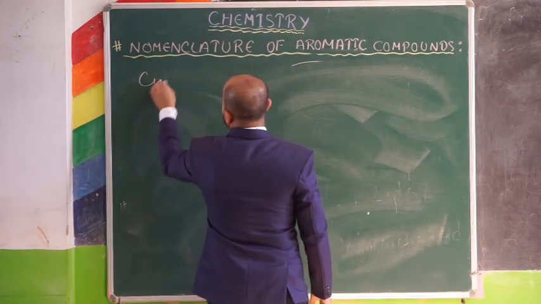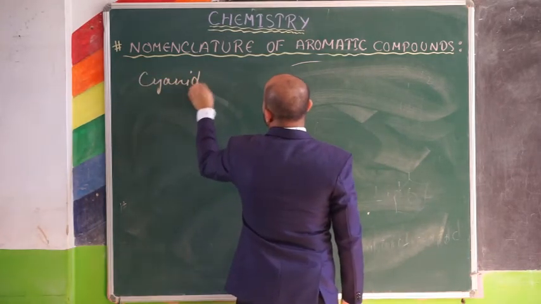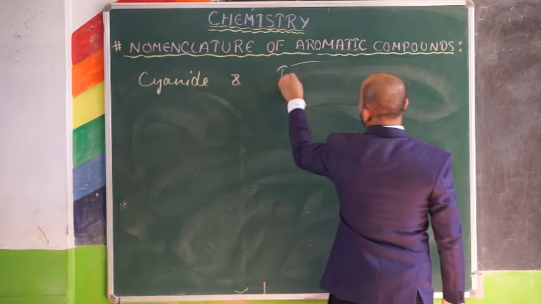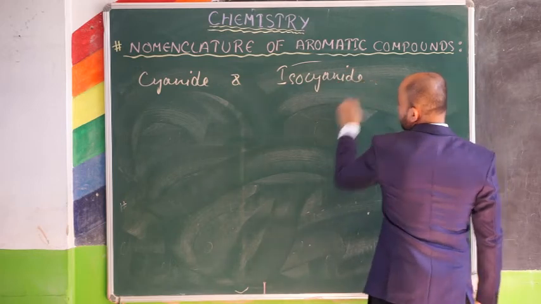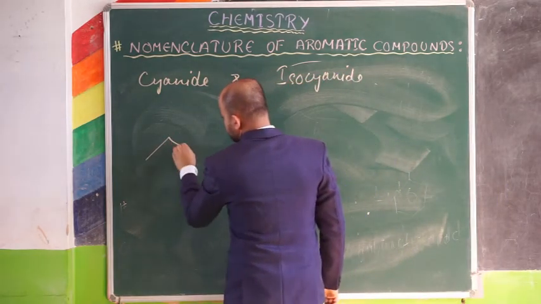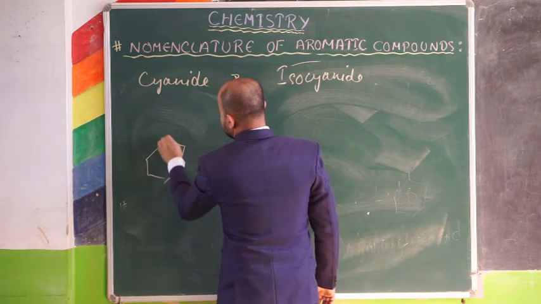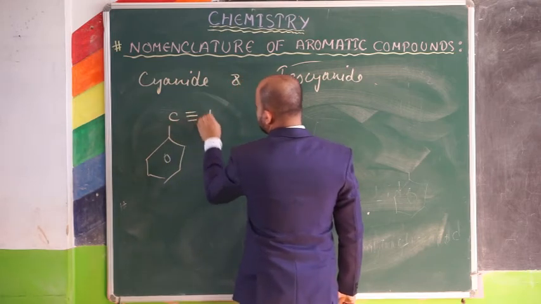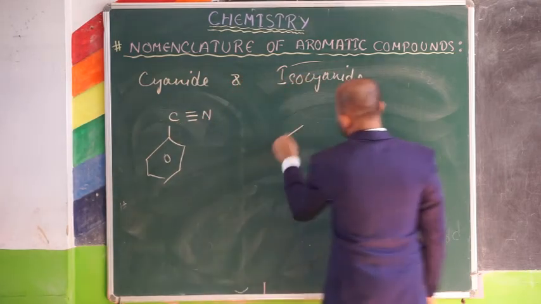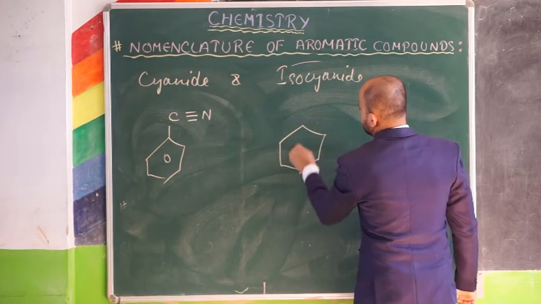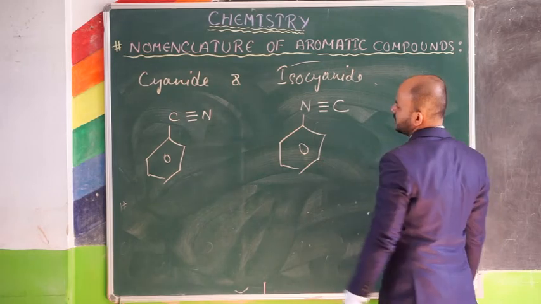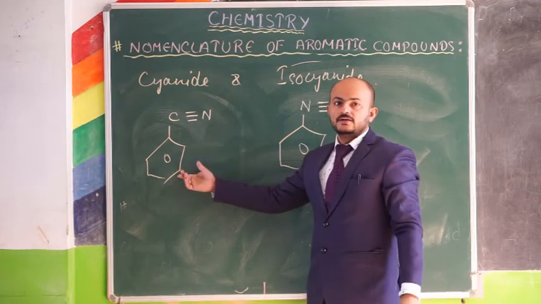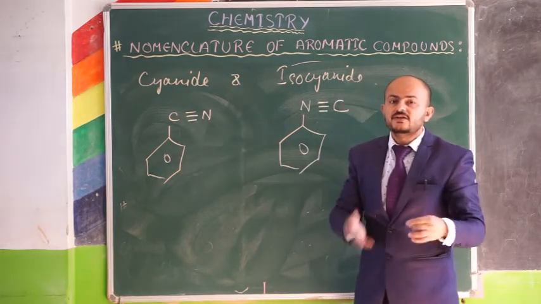The benzene ring, whenever it is attached to a carbon triple bond N, and here you have N triple bond C. See, their molecular formula is the same, but their structure is different.